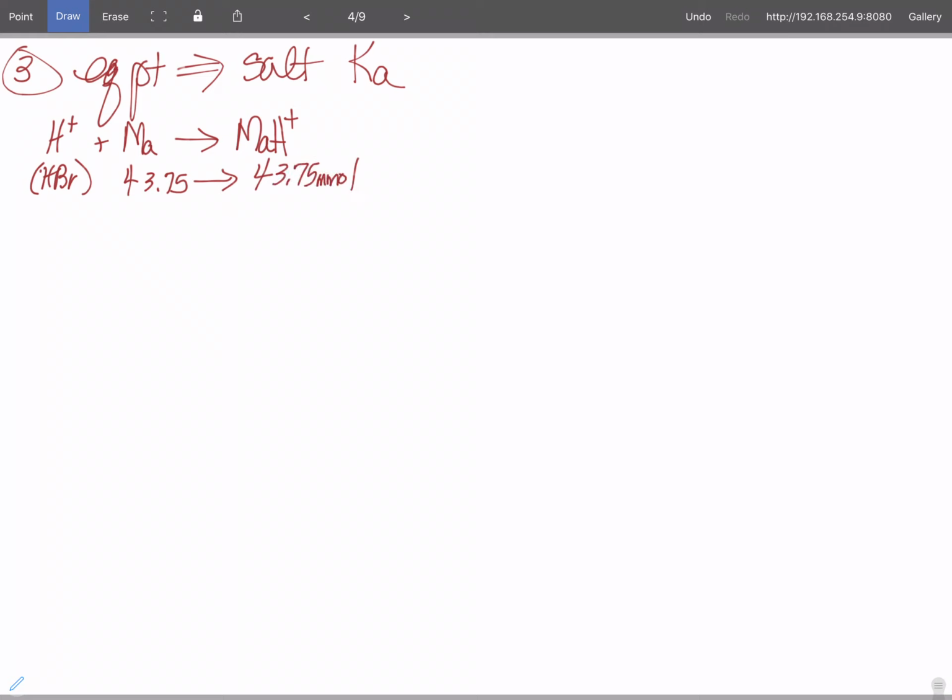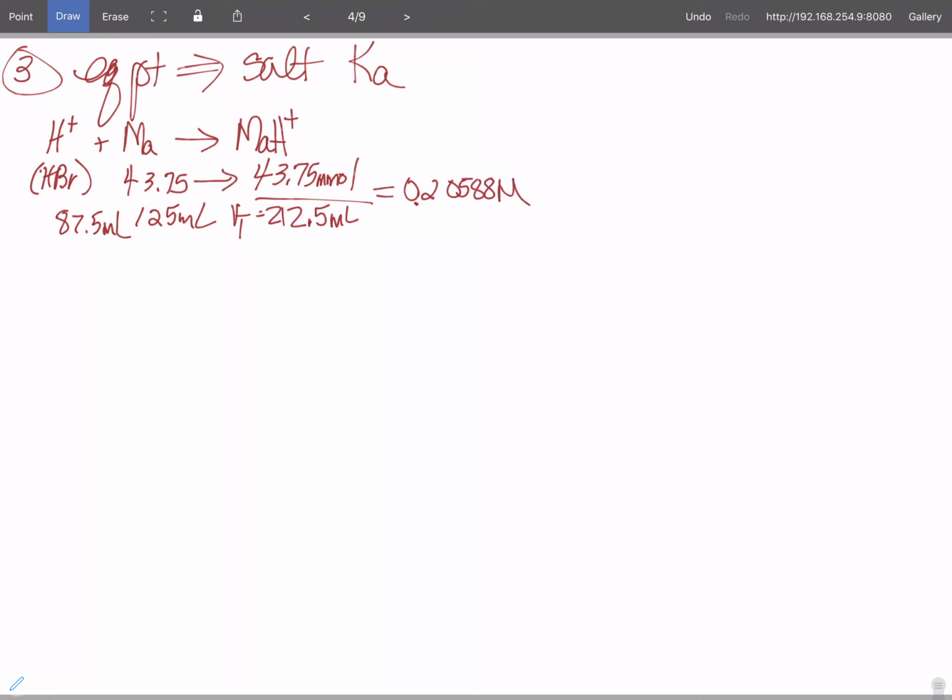But we have to have a volume so that we can find a molarity. So we started off with 125 milliliters here. We added 87.5 milliliters here. So our total volume comes out equal to 212.5 milliliters, which means our concentration is 0.20588 molar.